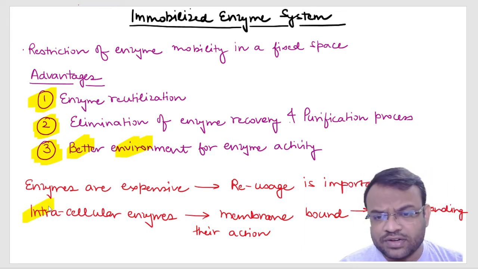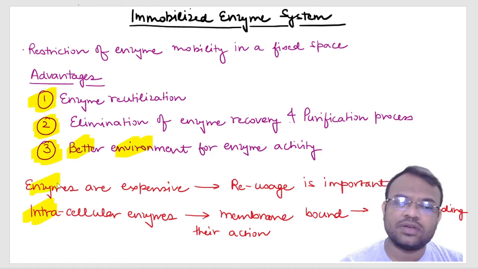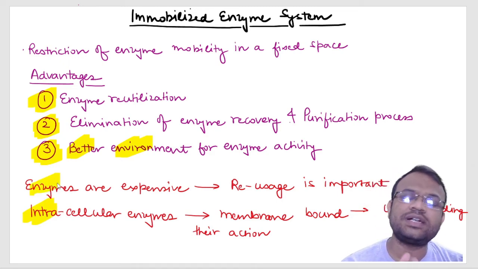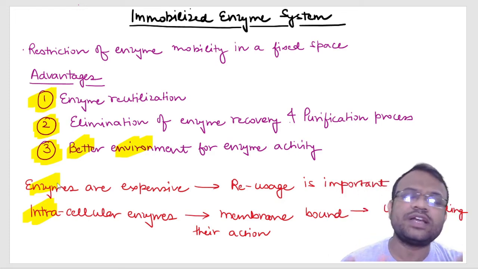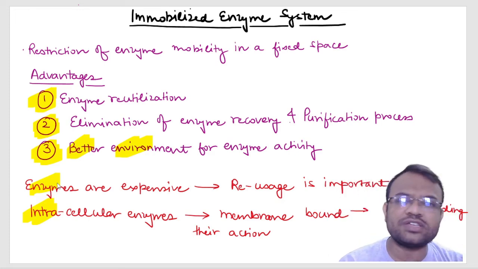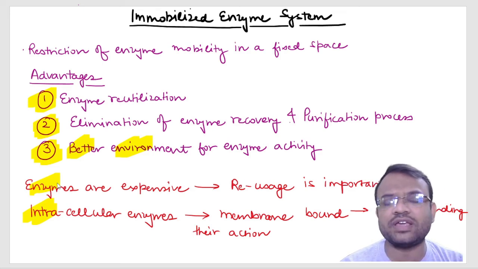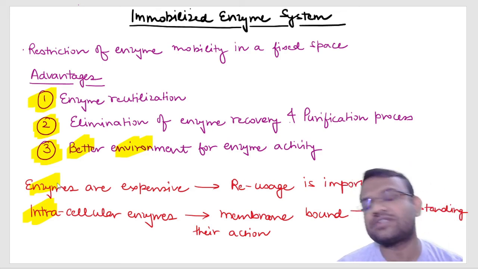Next is intracellular enzymes. As I've already told you, certain enzymes that are present inside your cells are intracellular enzymes, and they function perfectly when they are under immobilized conditions.